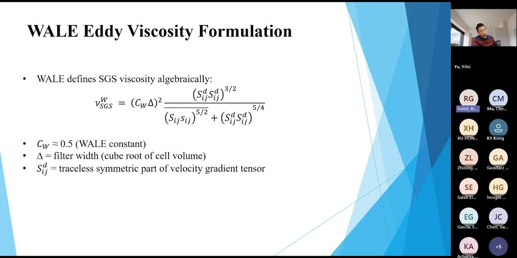The delta is the filter width. Sij is the strain rate tensor. Sij^d is the traceless symmetric part of the velocity gradient tensor. This model is invariant to coordinate transformation and requires only local information.